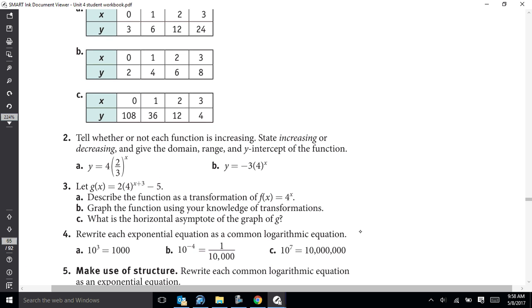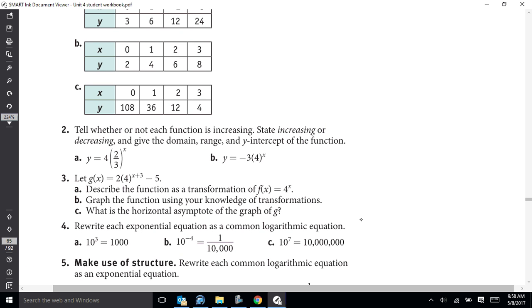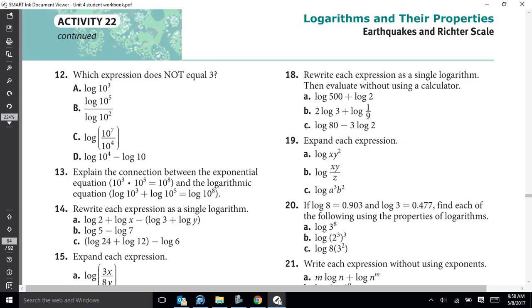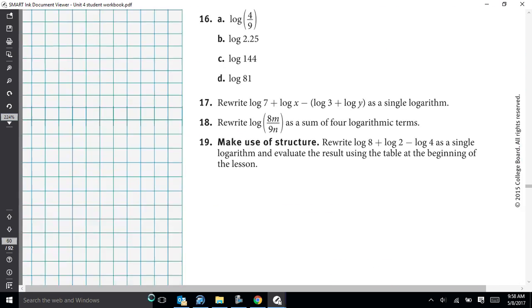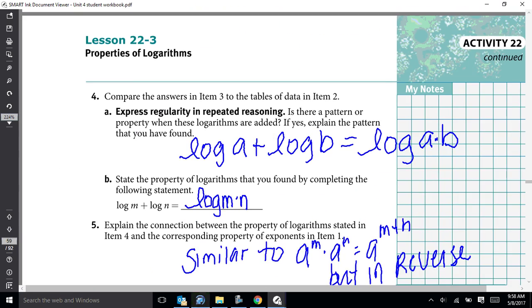So both the top and the bottom have to be the same amount. I think we did that in the very first lesson.